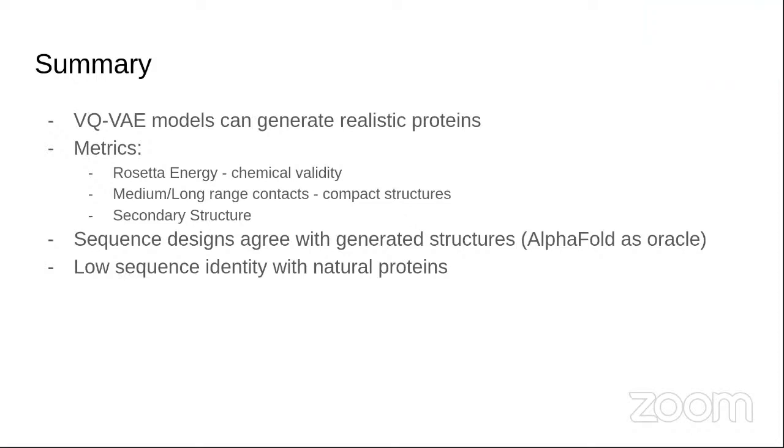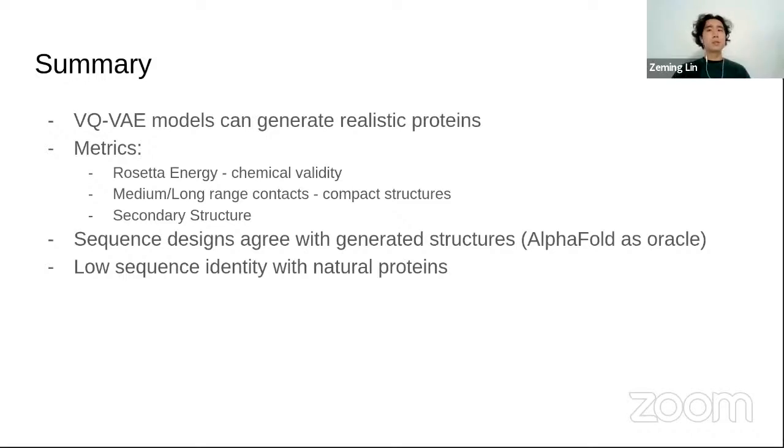And then there's a question in the chat from Pinar Demetsi asking, my understanding is that what makes VQ-VAE distinct is that it learns discrete latent representations. Is there a biological intuition for why that seems to help with structure generation?